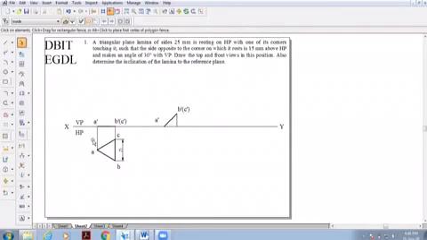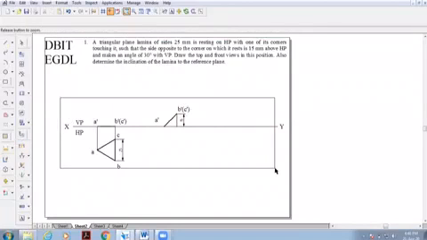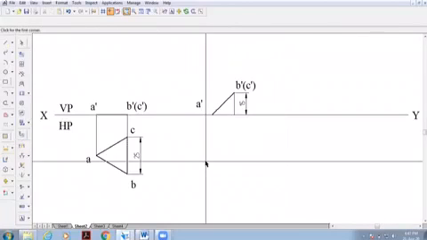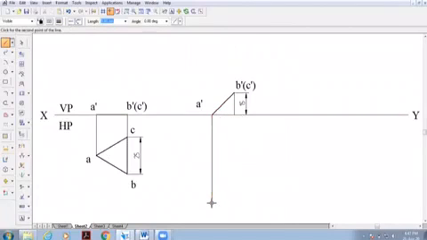So now, B dash C dash, the opposite edge, is 15 mm above HP. Next, we will continue the problem. Now I'm going to draw the reference or projection lines from the front view. This is my corner A. C is going to end here, B is going to end here.